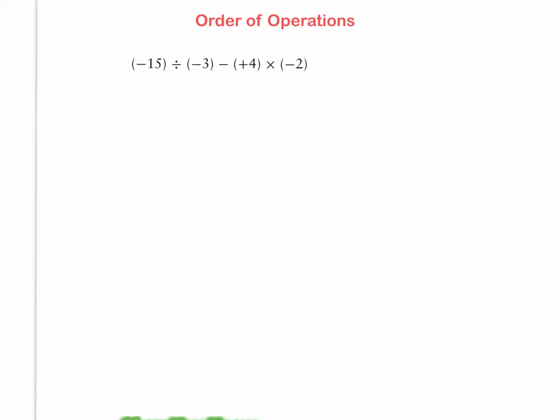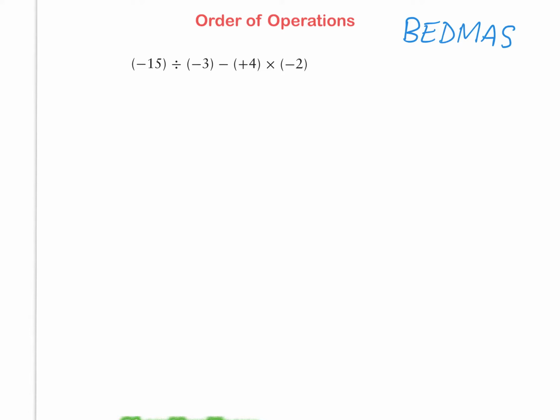We are going to start a very important math concept called the order of operations, which is basically another way of saying BEDMAS. We're going to be referring to this quite a bit.